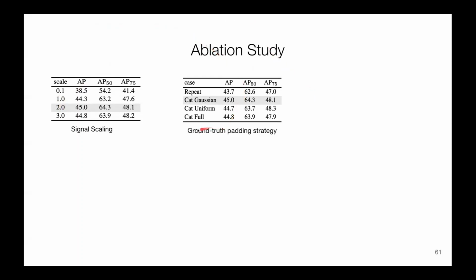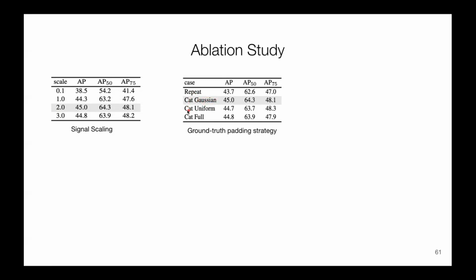And the next one is about the ground truth padding strategies. And the authors show that using CAD Gaussian shows the best performance when compared to the other methods. And this is because CAD Gaussian is better able to model the complex distribution of images than the others.